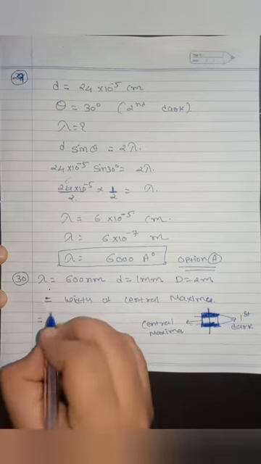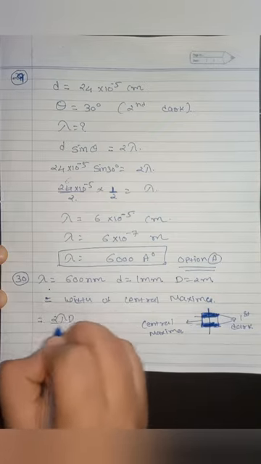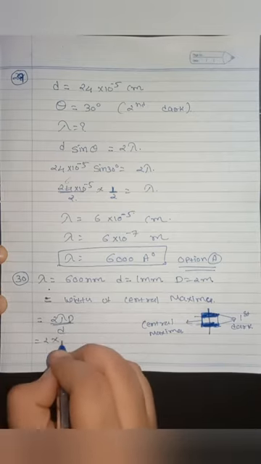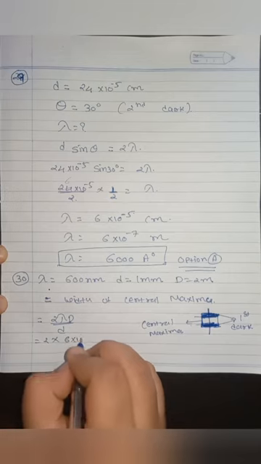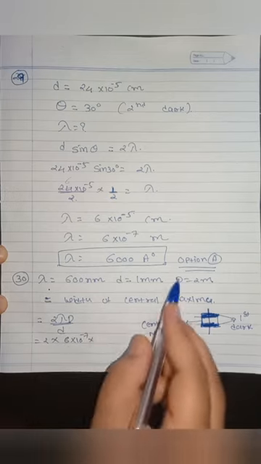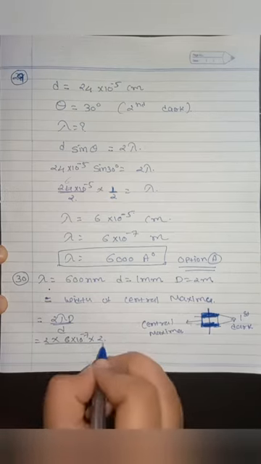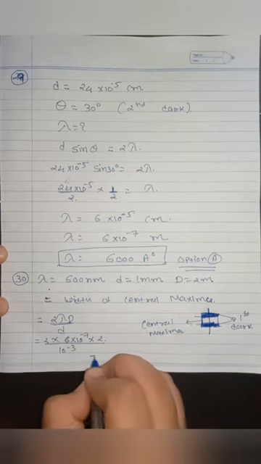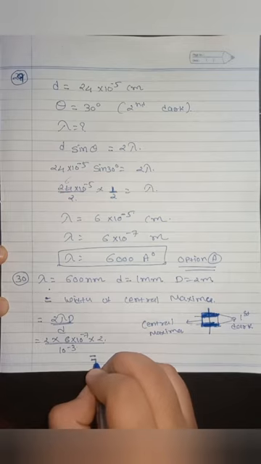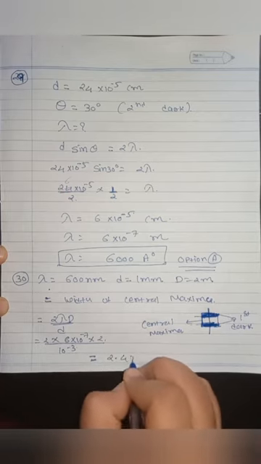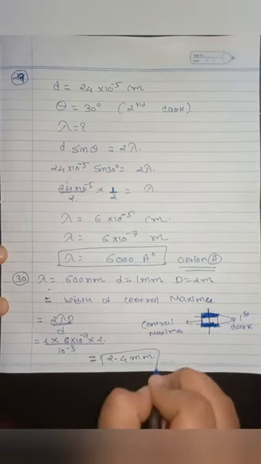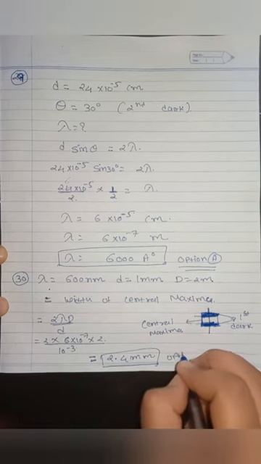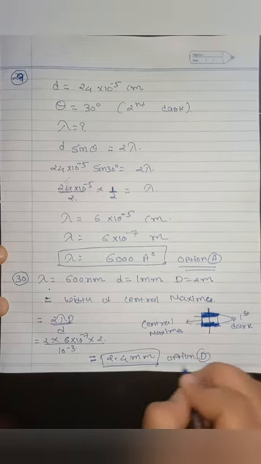The width of central maxima is given by 2 lambda D upon d, that is 2 into 6 into 10 power minus 7 into D, which is 2, divided by 1 mm, that is 10 power minus 3. So the distance will be equal to 2.4 millimeter. So option D is the correct option.